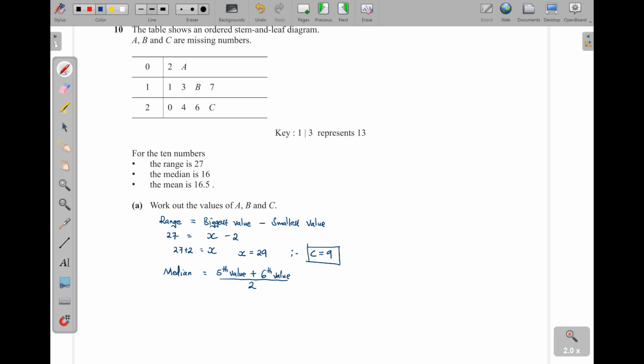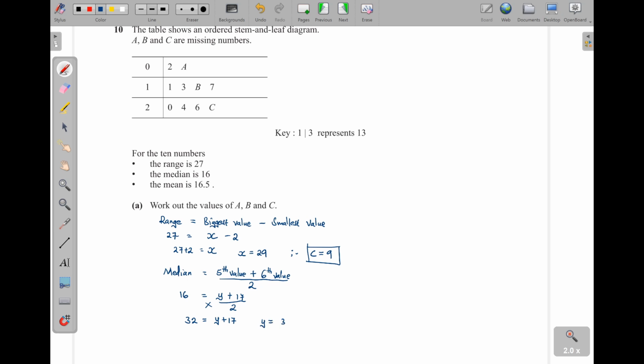Now what is our median? Median is 16. So the 5th value, let's say it is Y, because that is the one that contains B, and then plus the 6th value is 17. You don't write 7, okay? 17. Then divide by 2. Now we can cross multiply. This one becomes 32. Then Y plus 17. So how do we get Y?